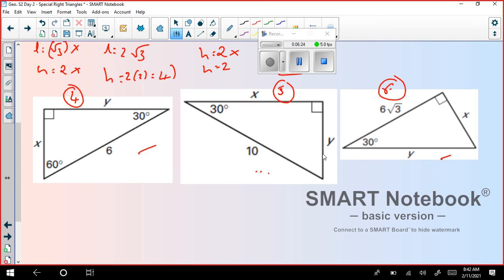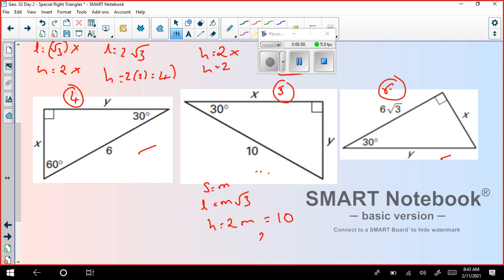I have here once again the smallest leg, let me call it m, the largest leg, m times root 3, and the hypotenuse is 2m. I'm using m because already in the triangle they have x and y. So what is given to us? The hypotenuse, which is 2m, is given as 10.